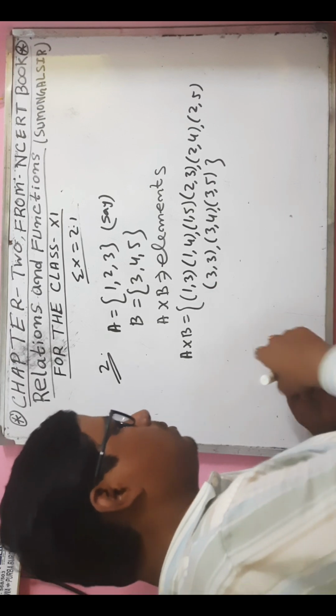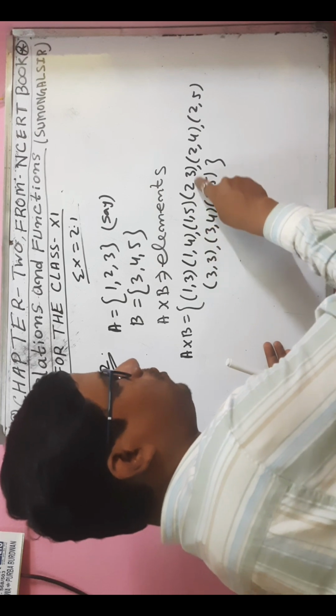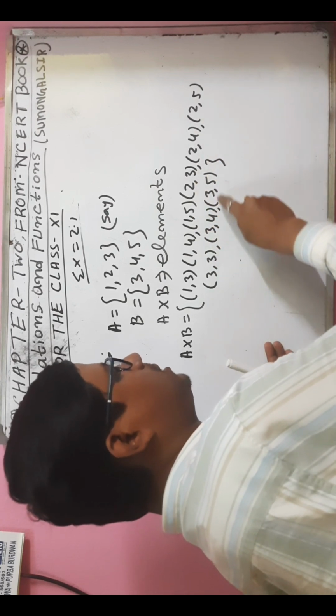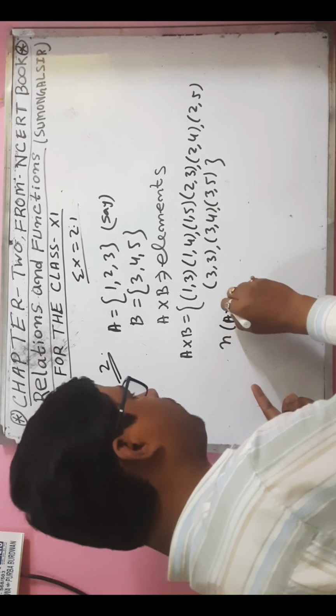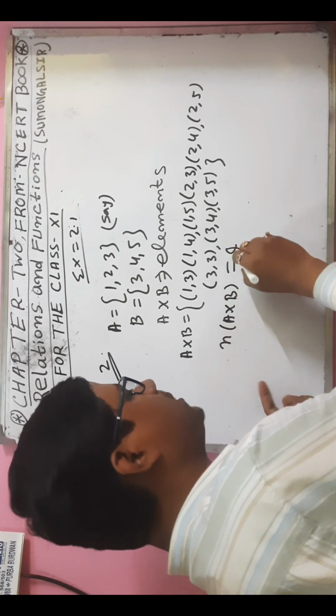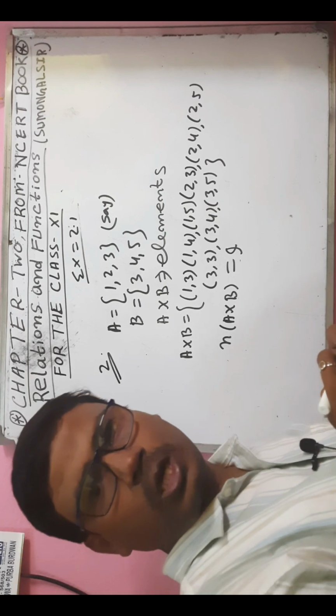So the number of elements in A cross B is 1, 2, 3, 4, 5, 6, 7, 8, 9. So the total cardinality of A cross B is 9. This is the completion of question number 2.